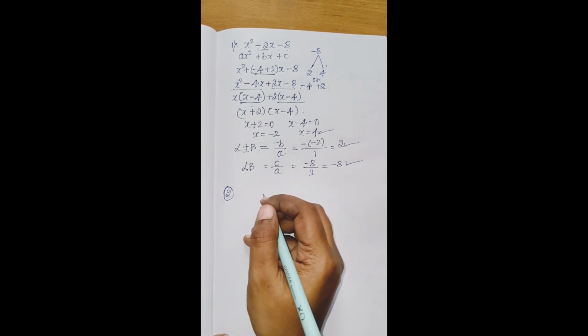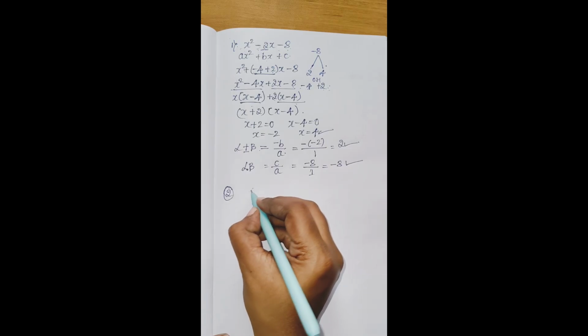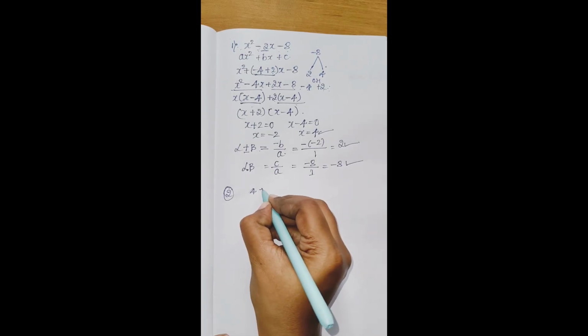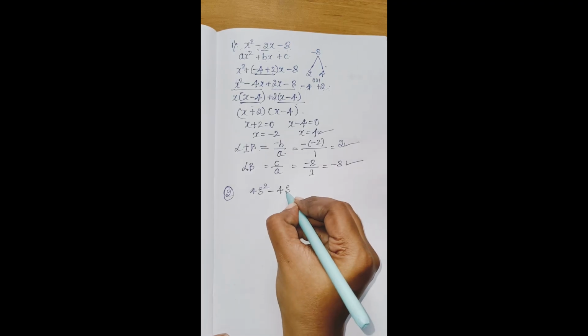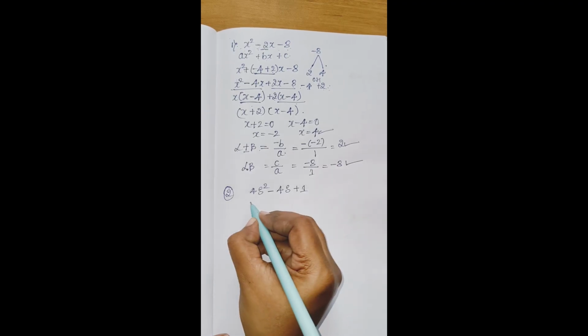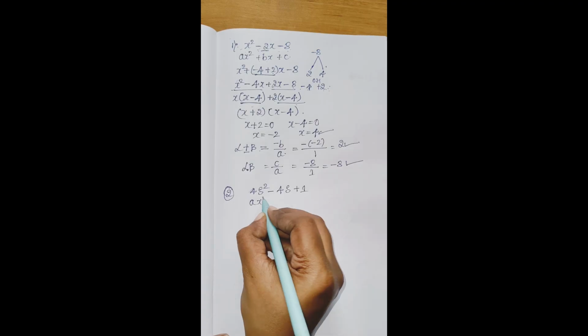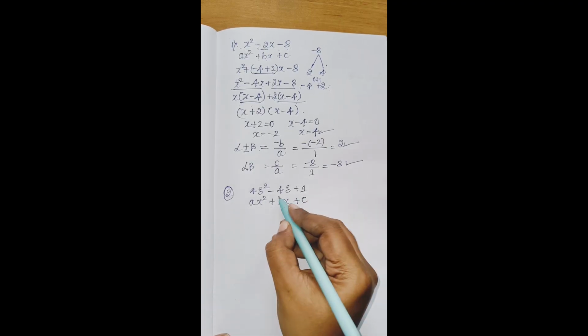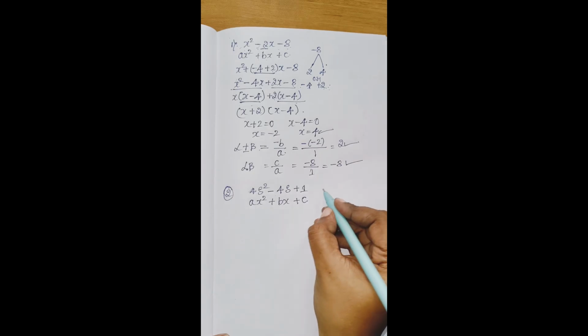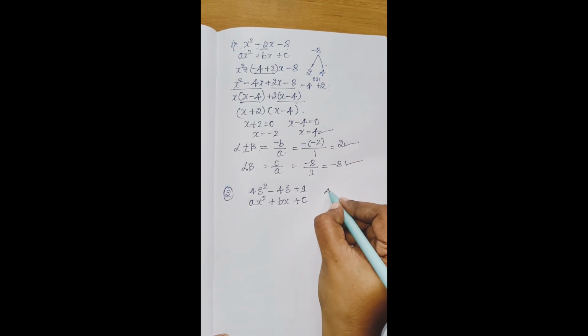Next, second question will be 4s square minus 4s plus 1. It is in the form of ax square plus bx plus c. So I told a into c will be 4 1s are 4.